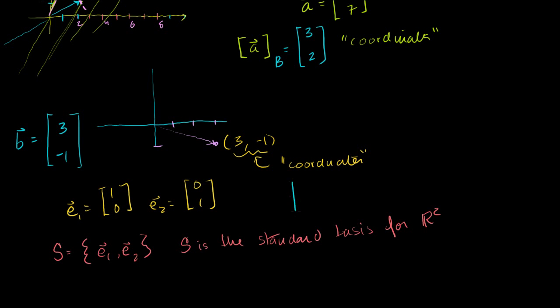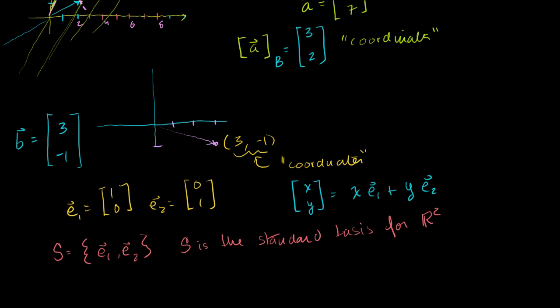And any vector in R2, let's say I have some vector x, y in R2, it's going to be equal to x times e1 plus y times e2.